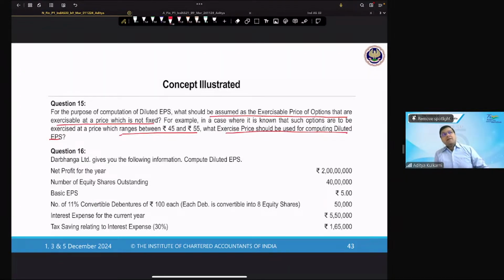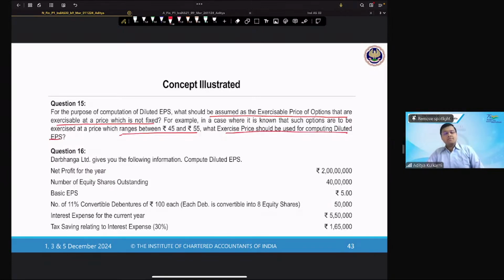When the exercise price is high, will the options be exercised, or when it is low will they be exercised more? It will be exercised more when it is low. Yes. तो मतलब 45 रुपीस का अगर मैं अज्यूम करूंगा एक्सरसाइज प्राइस, then there will be maximum potential for dilution.